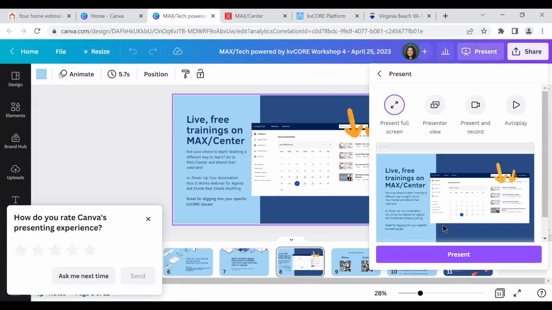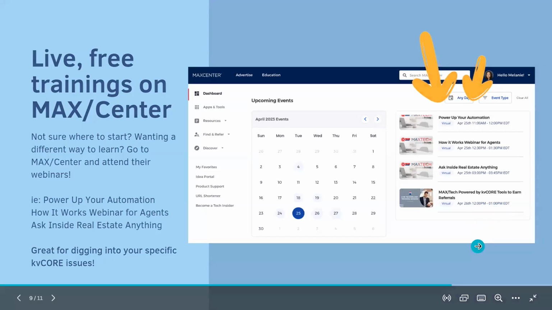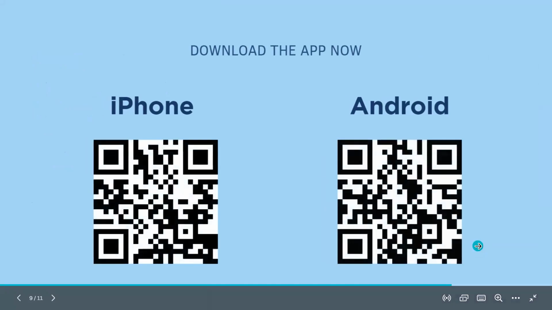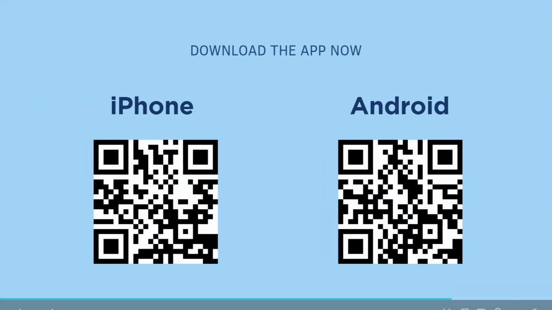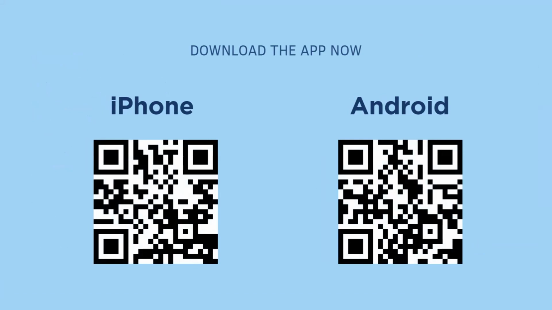So, like I said, if you have time to tune into these free trainings on Mac Center, please do so. If you haven't already downloaded the mobile app, please do so, because if you call somebody through the platform, like on your desktop, it will show up in their phone as the smart number.